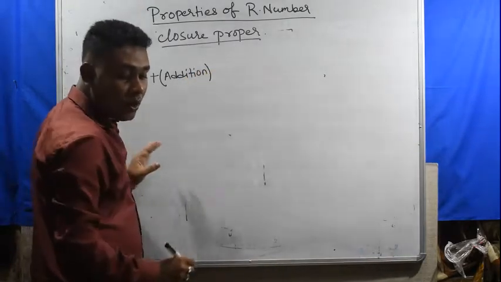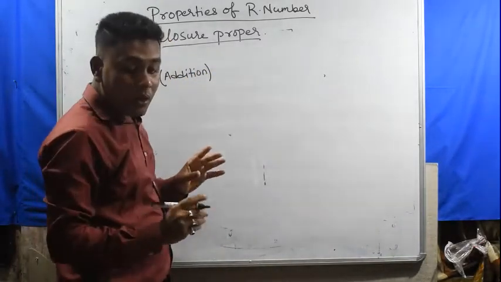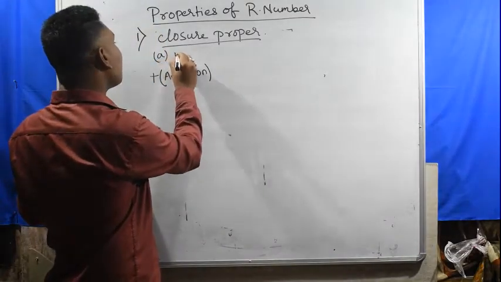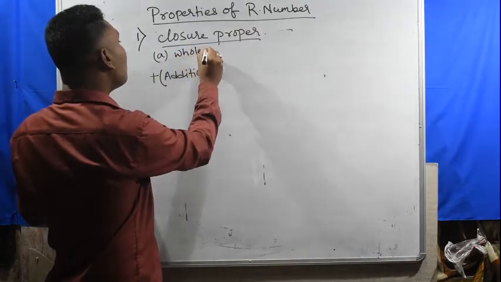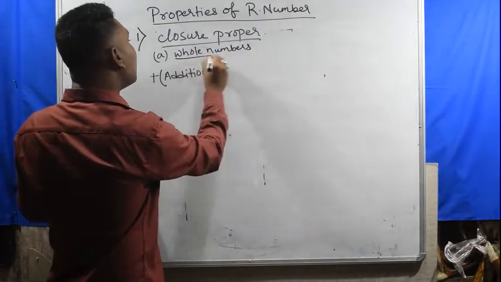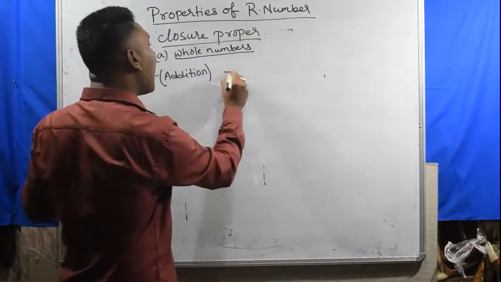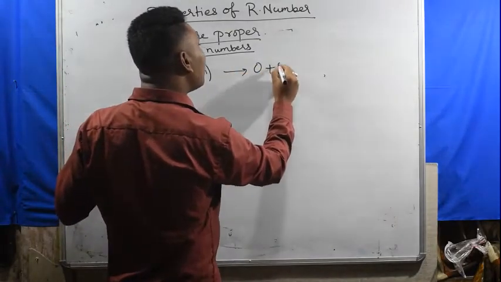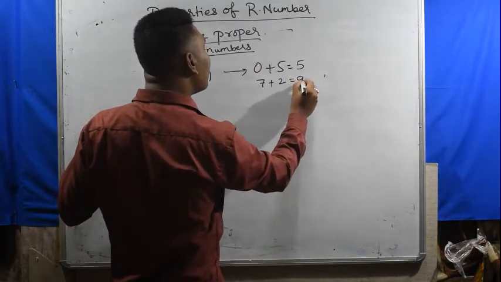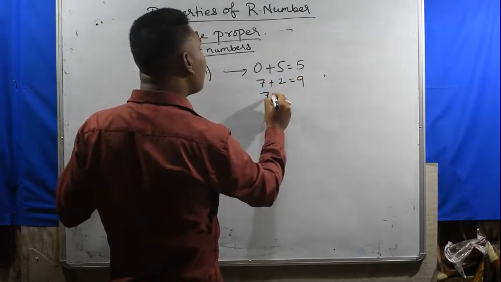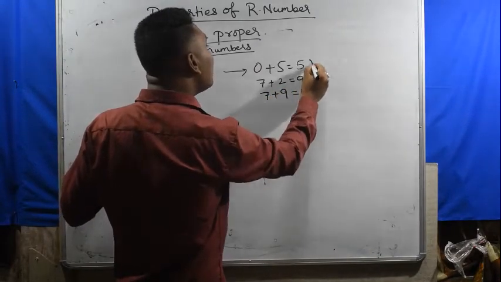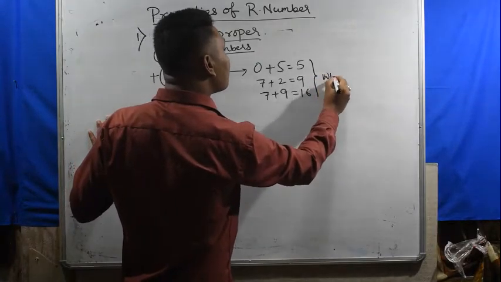In closure property, the first part would be whole numbers. Let us see for whole numbers: if I add 0 plus 5, it will result as 5. 7 plus 2 is equal to 9. 7 plus 9 is equal to 16. All these are whole numbers.